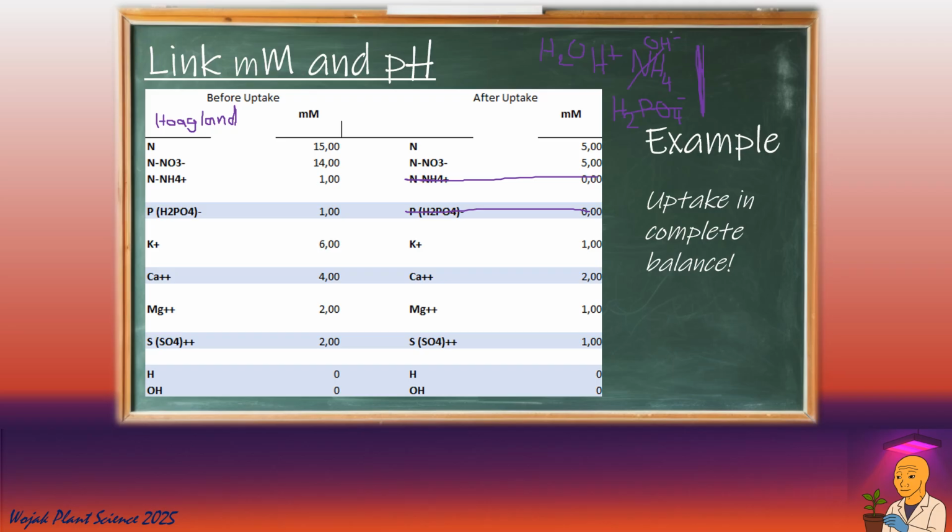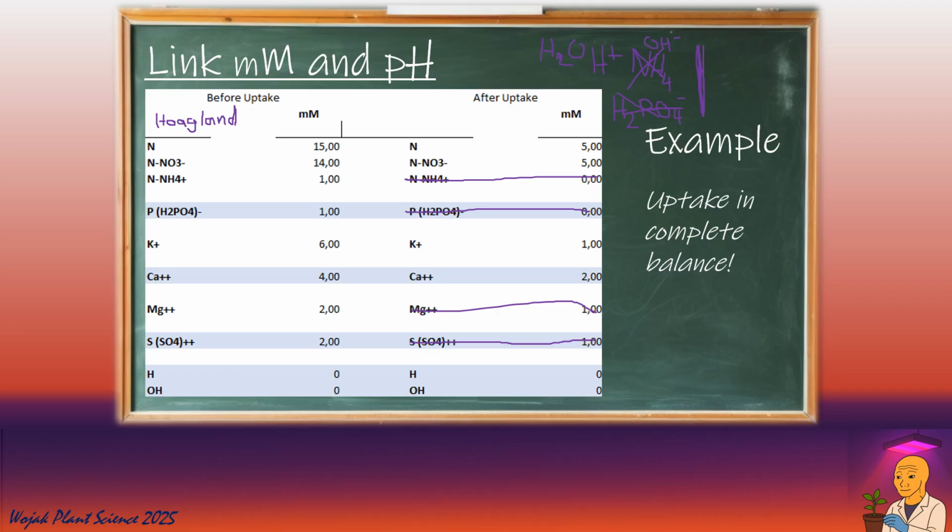So if both are gone, we have a water molecule left. In the case of magnesium sulfate, we go from 2 to 1 in both cases. I make this example so that it is relatively easy to imagine.